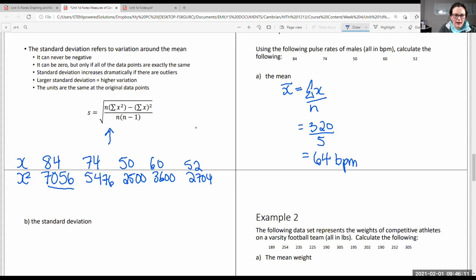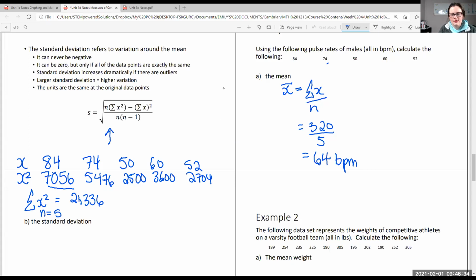And the sum of all x's squared equals 21,336. All right, so now I know what n is: 1, 2, 3, 4, 5. I have 5 pulse rates, so n is equal to 5. I know what the sum of x squared is.